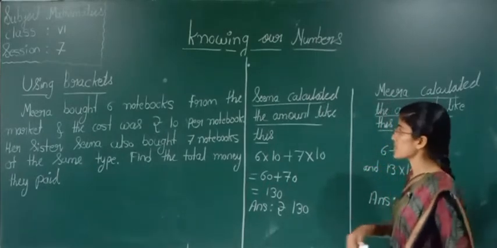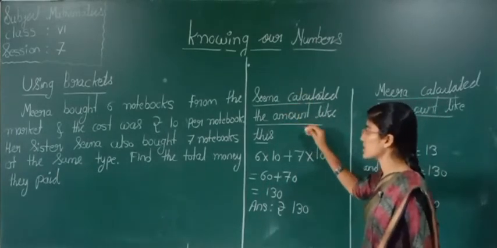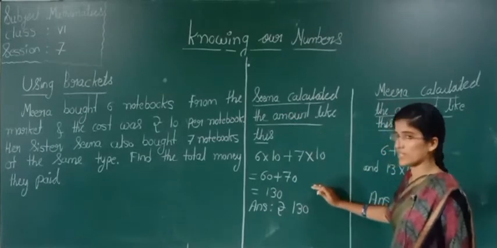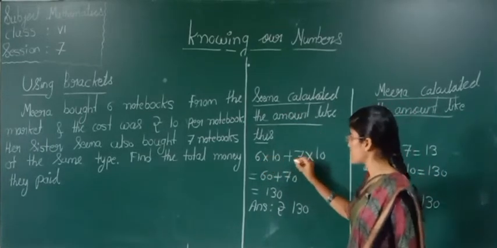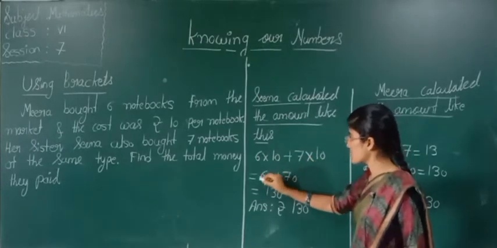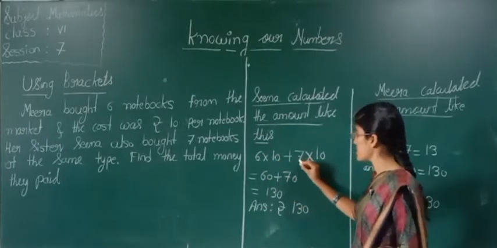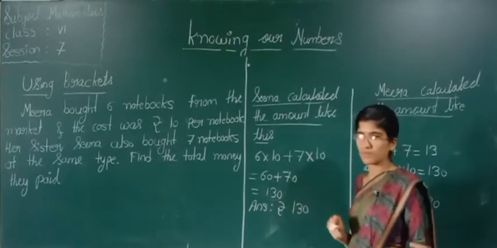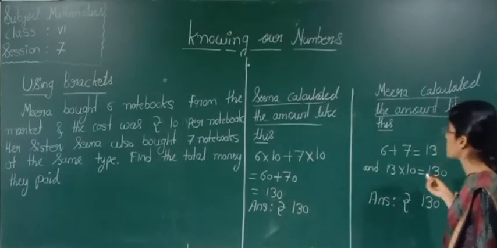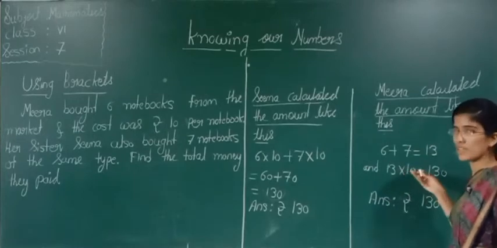Okay. Now see here, Seema will calculate the total amount in this way, that is 6 into 10 plus 7 into 10, which is equal to 6 tens are 60 plus 7 tens are 70. The total amount is 130. Meera will calculate the total amount in a different way.